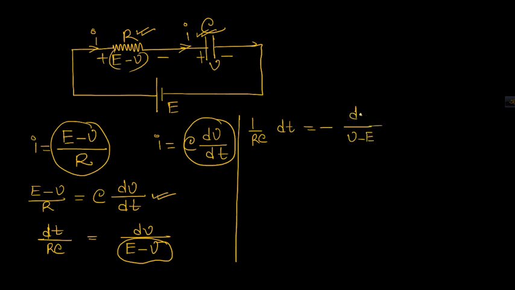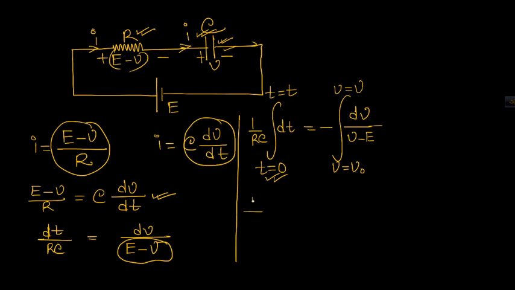Okay, now we have to integrate these two terms, left hand side and right hand side, and we have to place lower limit and upper limit also. When time is 0, the voltage across the capacitor was V naught, and when time is t, the voltage across this capacitor, let's say, is V.